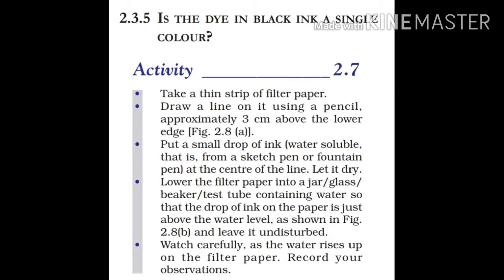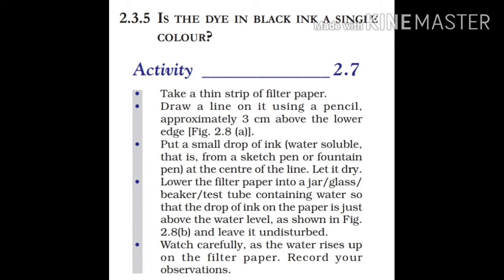Take a thin strip of filter paper. Draw a line on it using a pencil approximately 3 cm above the lower edge. Put a small drop of water-soluble ink, that is from a sketch pen or fountain pen, at the center of the line.